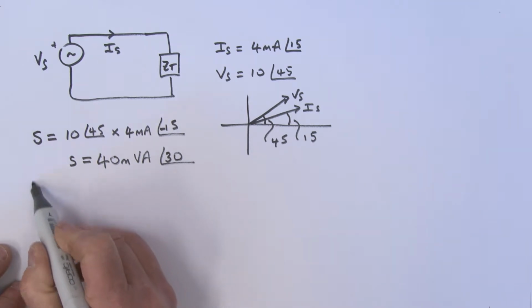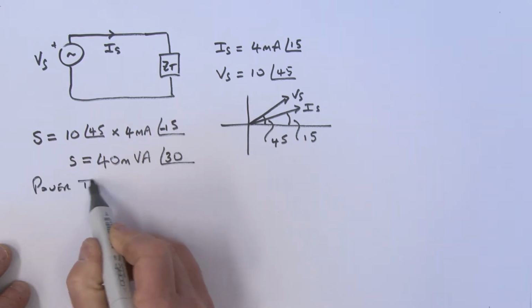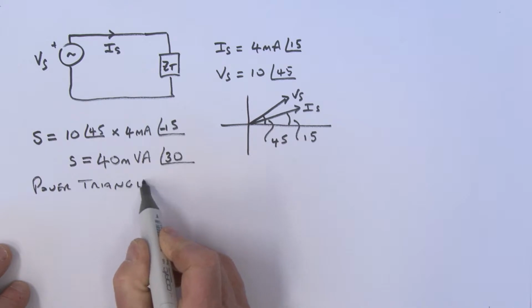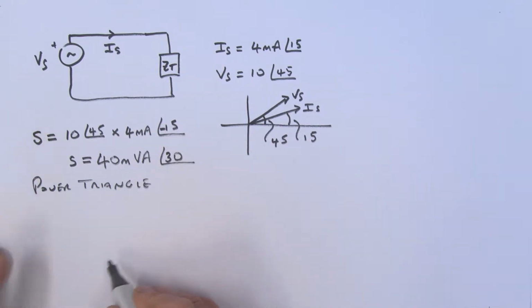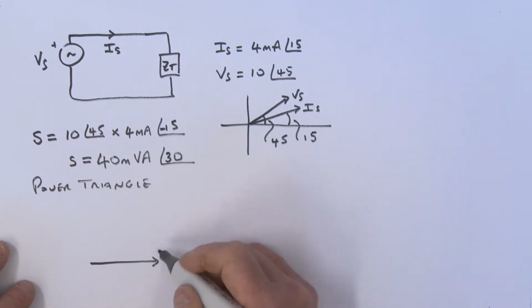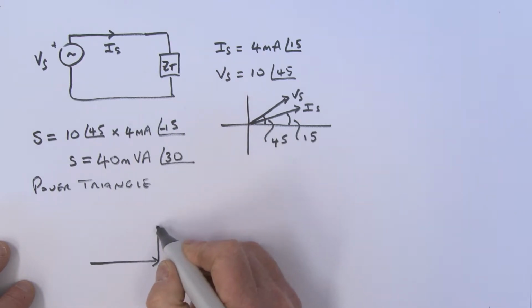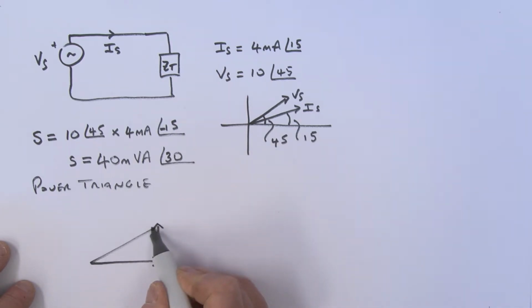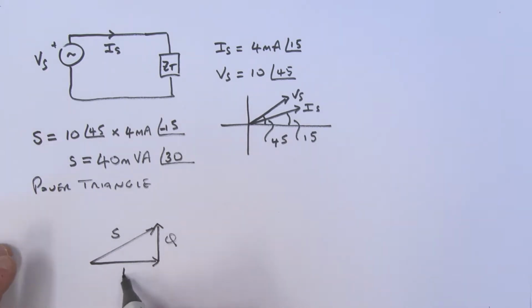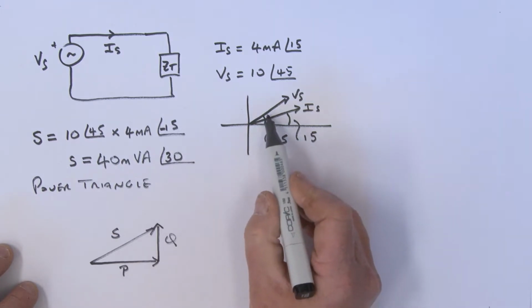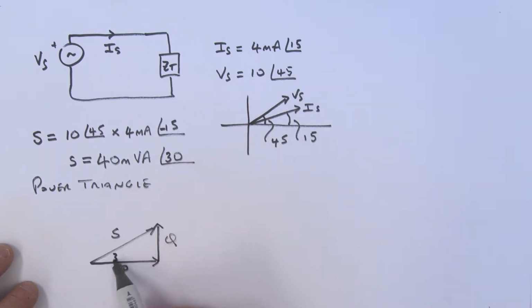Next step, we can look at the power triangle. Let's plot this. We've got the real power, the reactive power, and of course the apparent power. So that's S, that is Q, and that is my real power over here. This angle is the angle difference here, which is that 30 degrees.